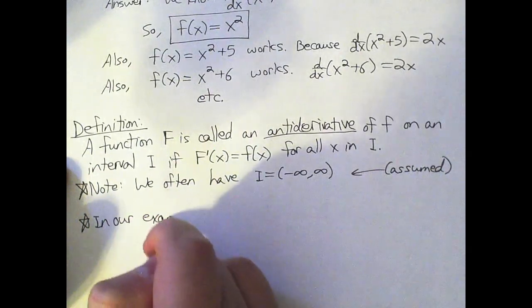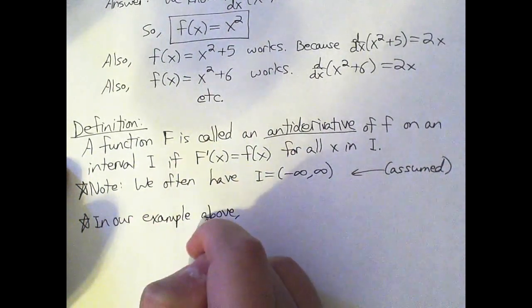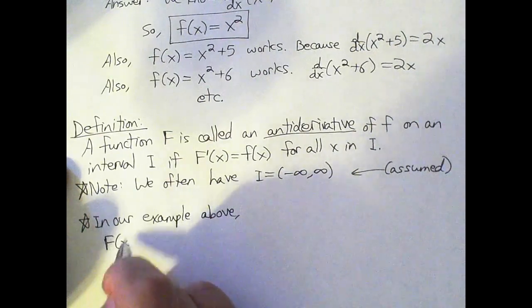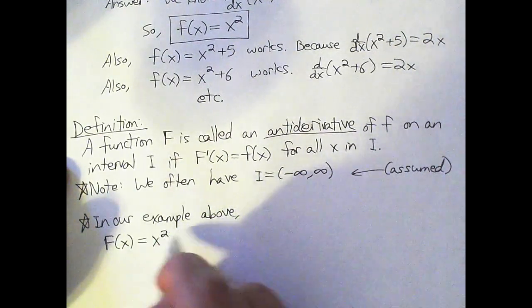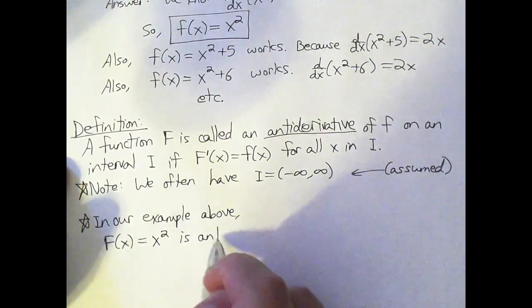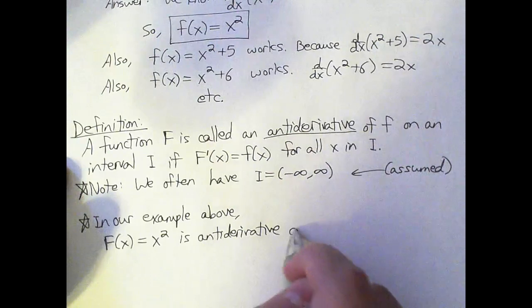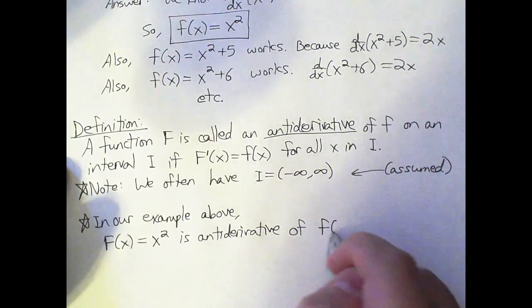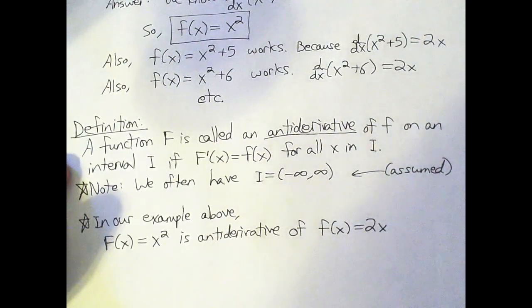In our example above, we could do capital F of x and say x squared is an antiderivative of lowercase f of x equals 2x.